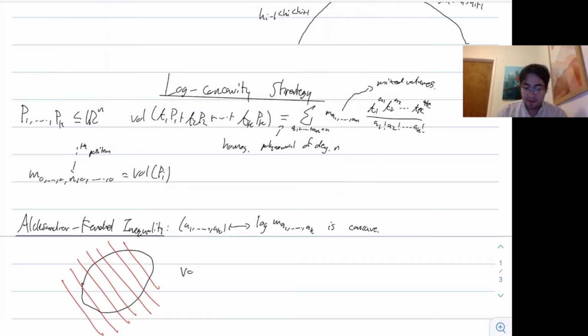Then the volume of the slice as a function of translation distance is log concave.